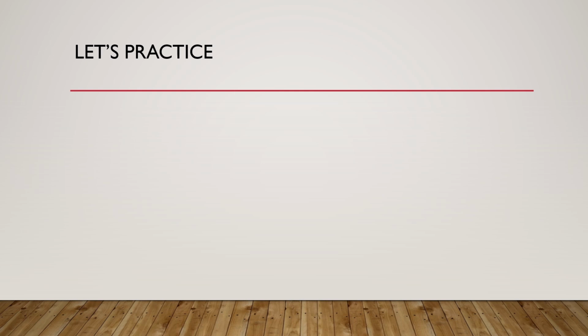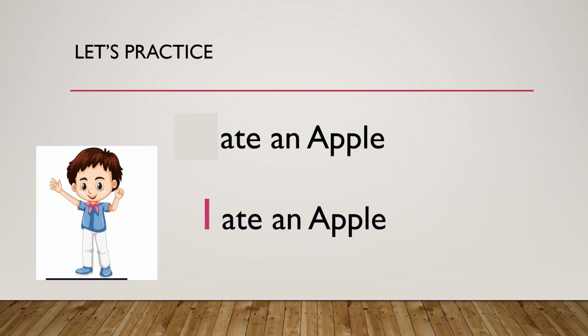Now, in order to compare the subject prominence and context prominence difference, let's practice some sentences. Like in English, I ate an apple. If I hide the word I and just say ate an apple, it sounds a bit off. Who ate an apple is more important in English.